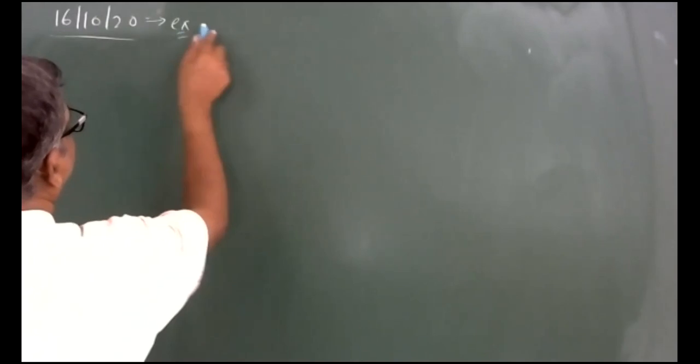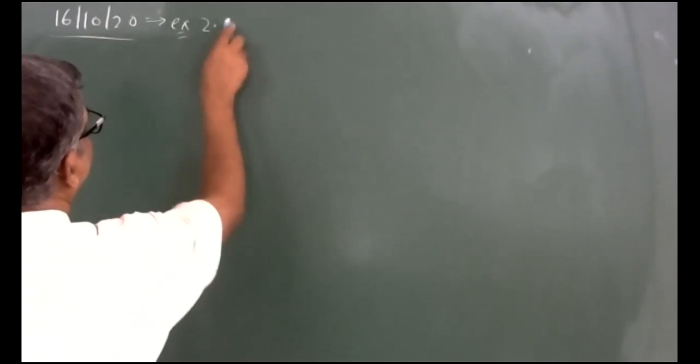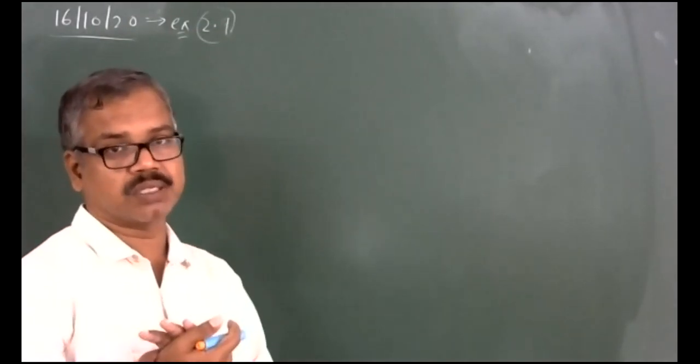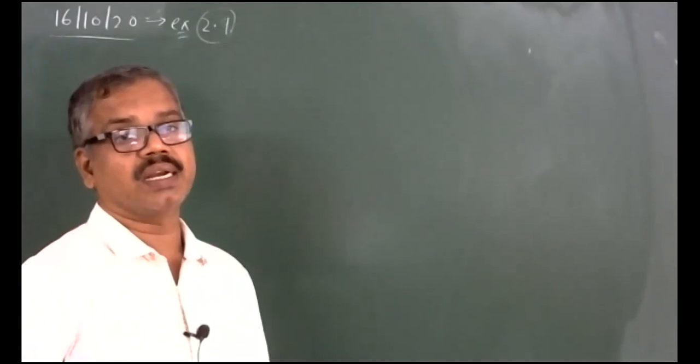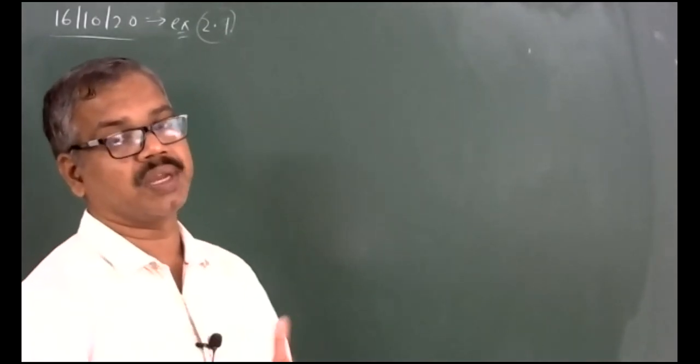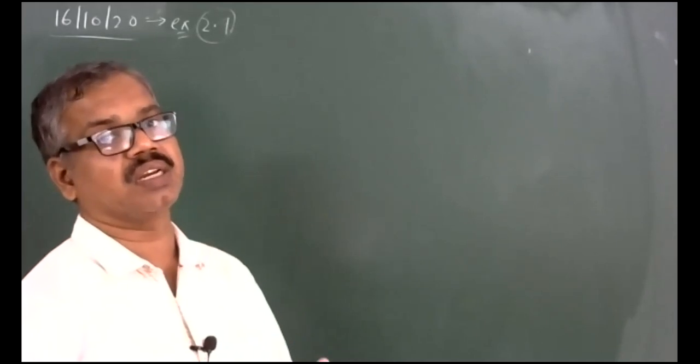I had an example, I think it is 2.9. It says the voltage is 100 volt plus or minus 5 volt and current is 10 plus or minus 0.2 ampere. Voltage is measured in volts, current is measured in ampere.